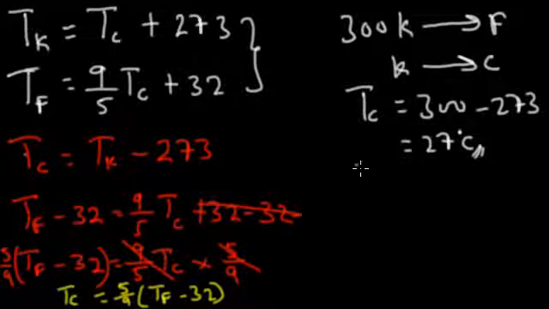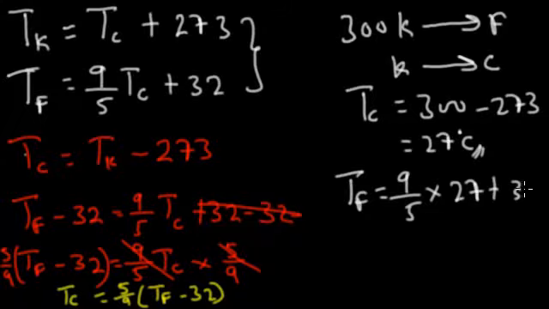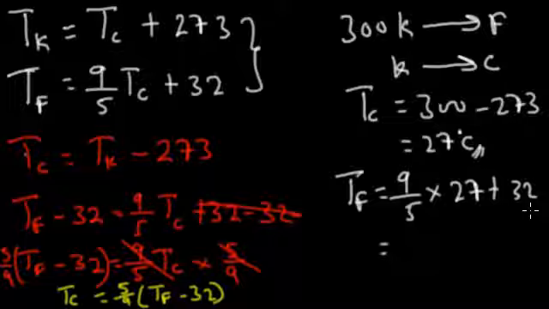Now that we have our temperature in Celsius, we can now have it in Fahrenheit. To do that, we need to use this equation right there. Perfect. Thus, T sub F will now be 9/5 multiplied by our temperature in Celsius, which is 27, plus 32. Doing this math, if I multiply 9 divided by 5 with 27, I would get 48.6.